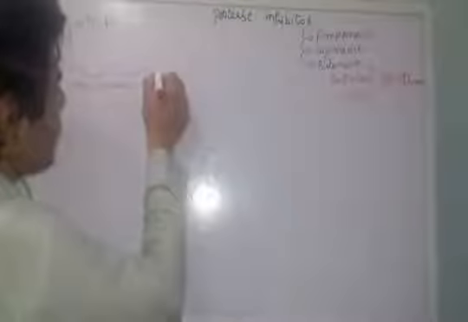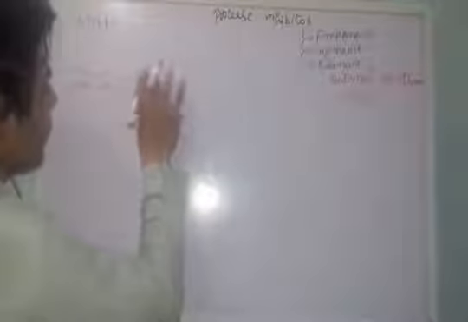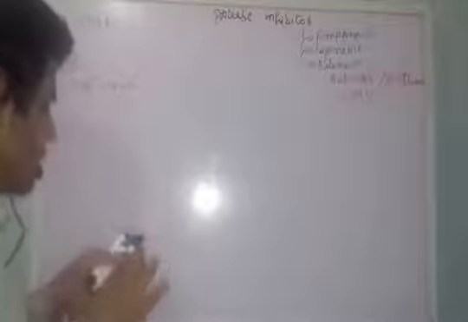Now for the mode of action, let's suppose this red one represents the messenger RNA. So it is a viral messenger RNA. This viral messenger RNA passes through the ribosome.